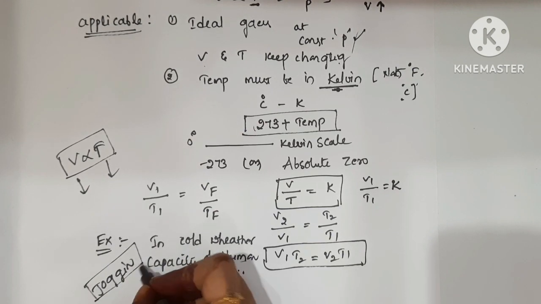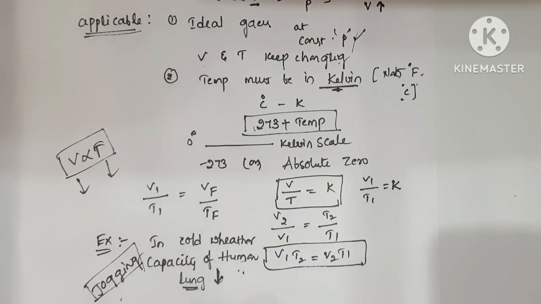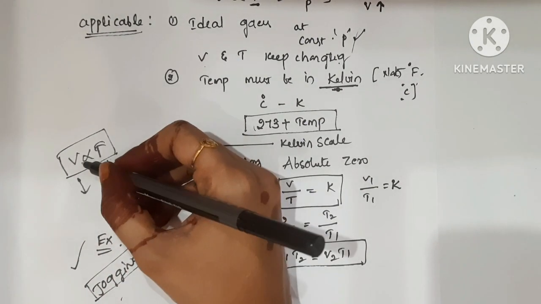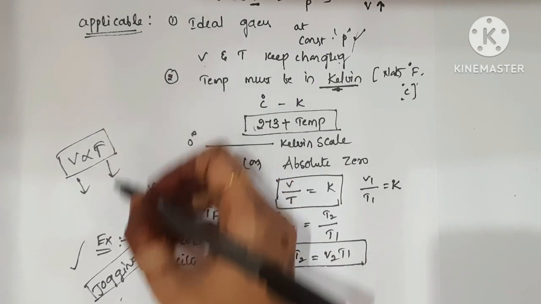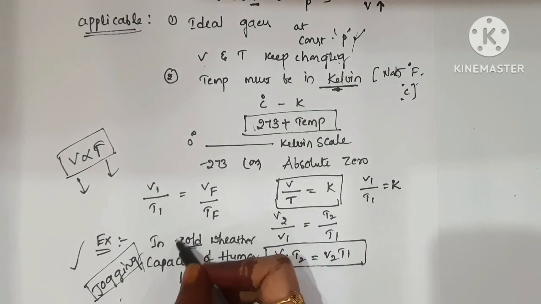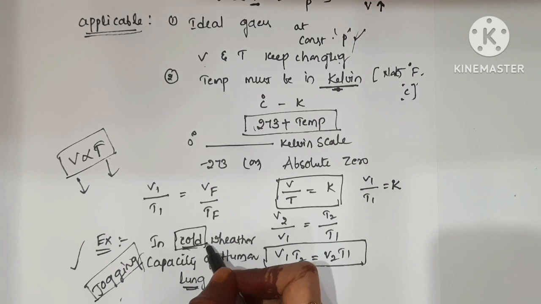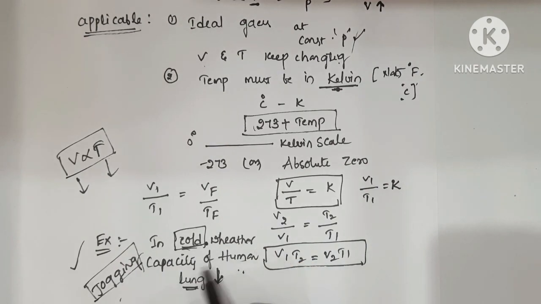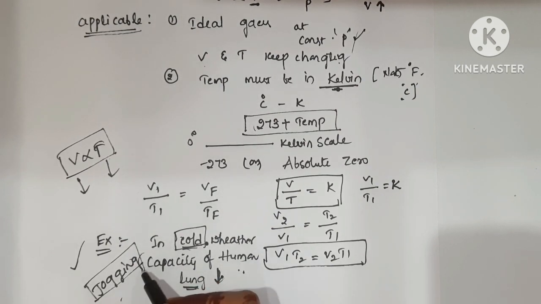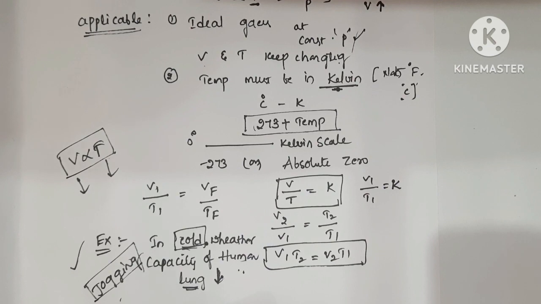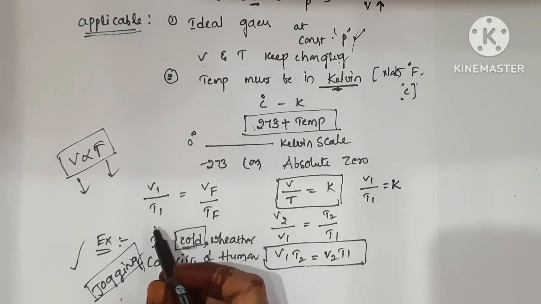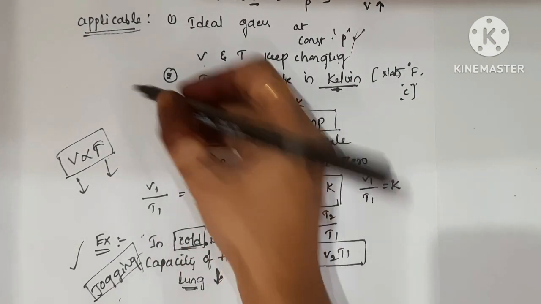Because V is directly proportional to temperature. Temperature drops in cold conditions, that means winter, so the capacity of human lungs also decreases. That's why jogging is difficult in winter seasons. This is the example for Charles's law.